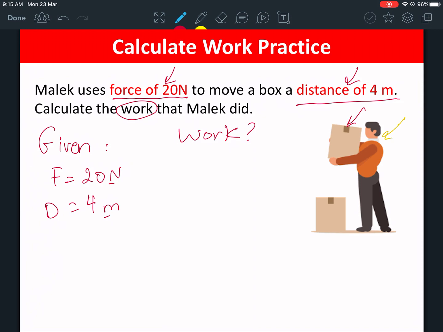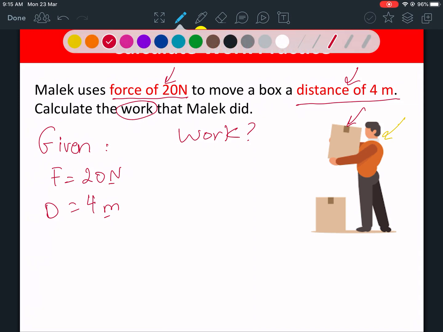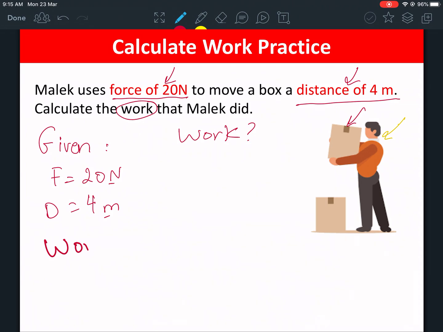How do I calculate work? I use the formula. What does the formula tell me? Now I'm going to use it, make it a bit bigger. The formula tells me that work equals force times distance.